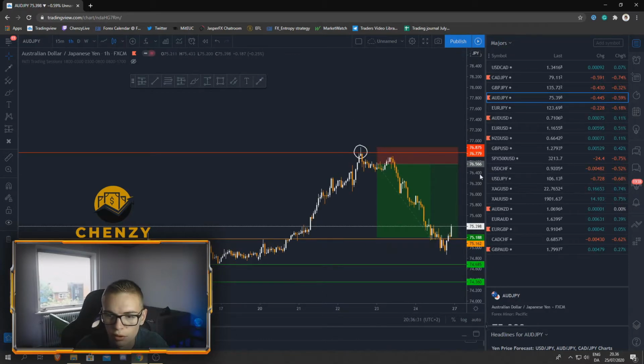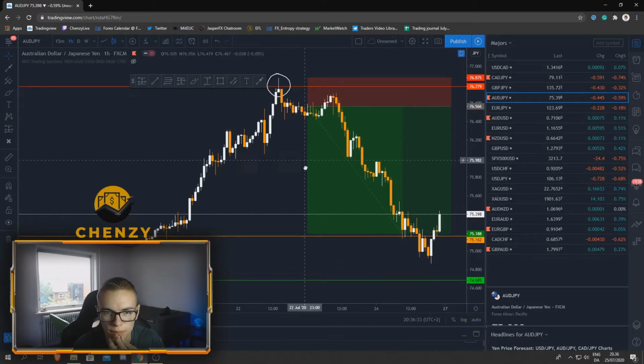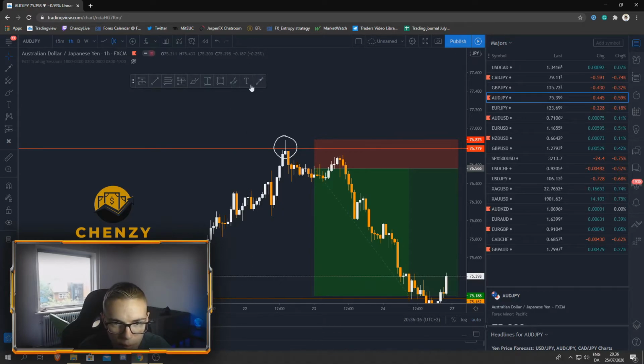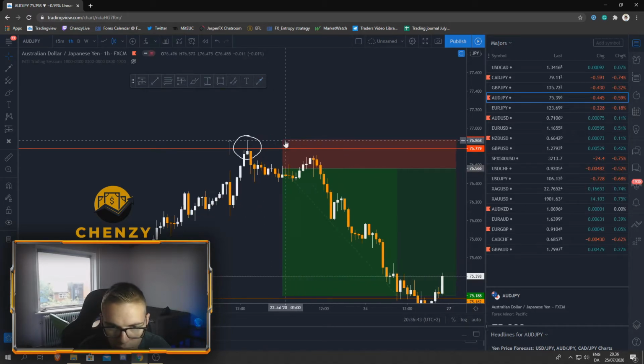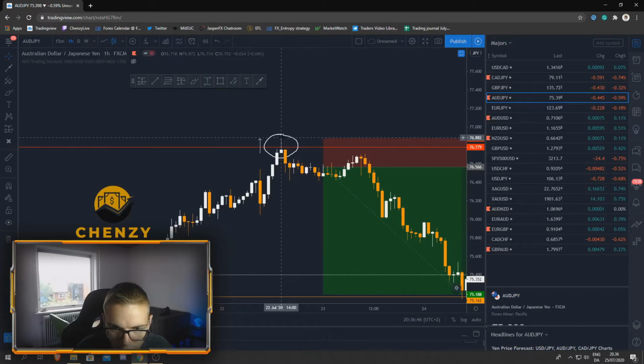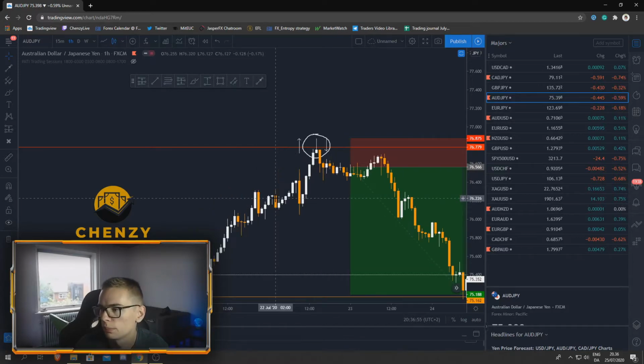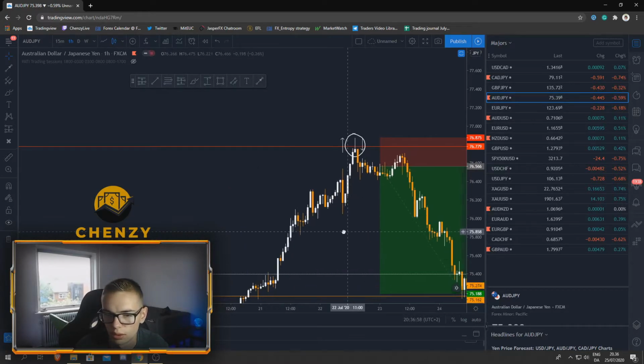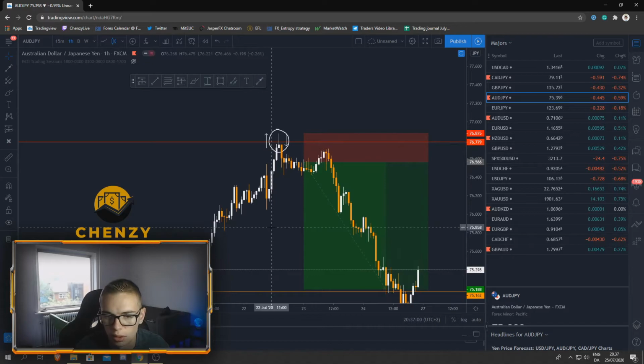It came up to this resistance, and you can tell that buyers made an attempt to push through the level, creating this high, but the bears or the sellers rejected, causing the price to close back below the level. And this is a bearish indication, and this can be used as a reversal trade, and I took that trade.